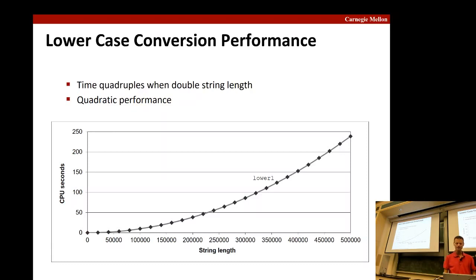When you run this, this is time on the y-axis and the string length on the x-axis. If it really were linear, you'd see a straight line here. Instead, we're seeing a quadratic curve. Okay. So why is that? Anybody have a guess?